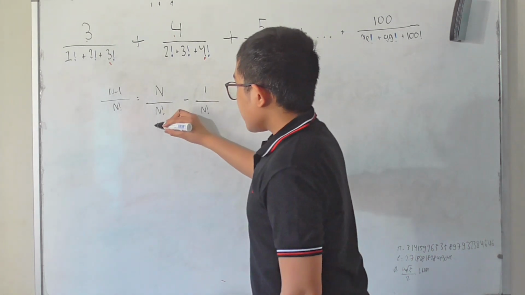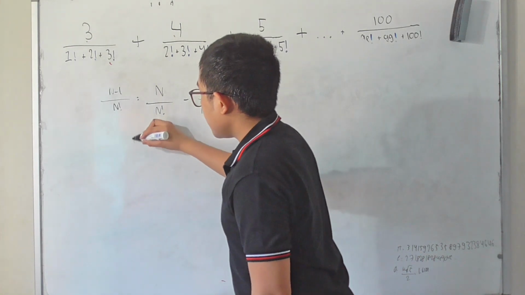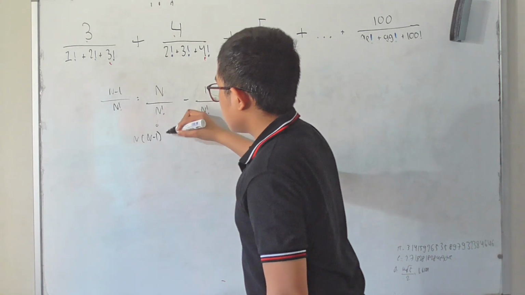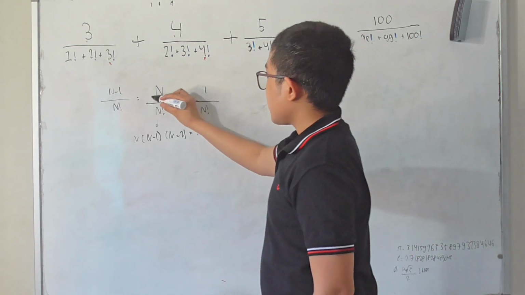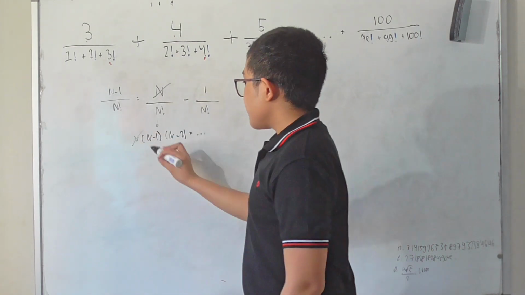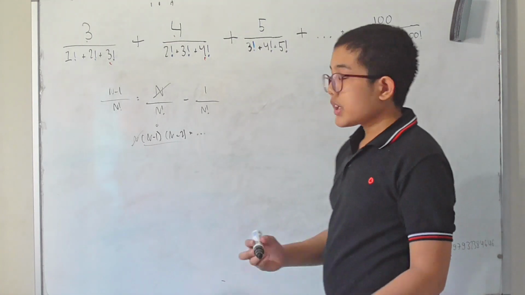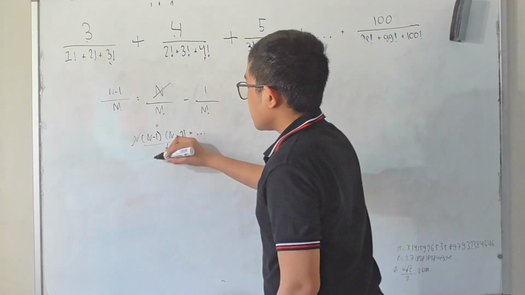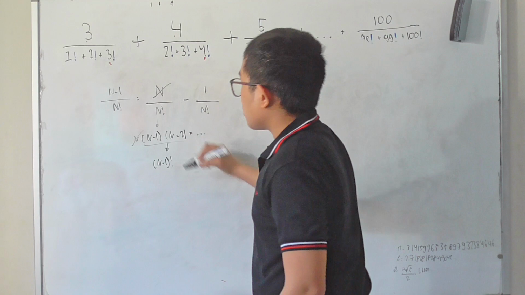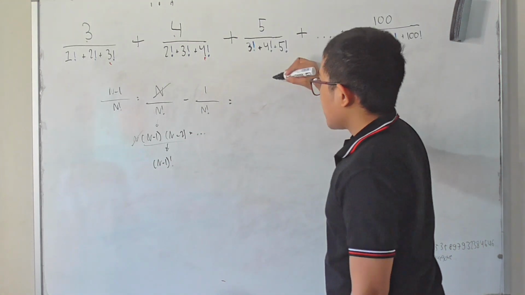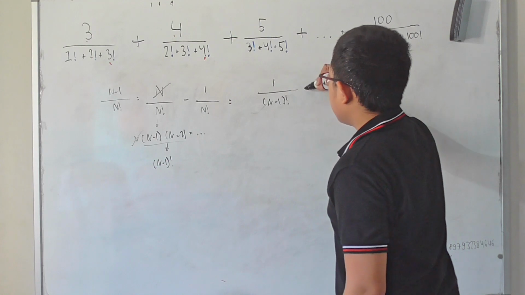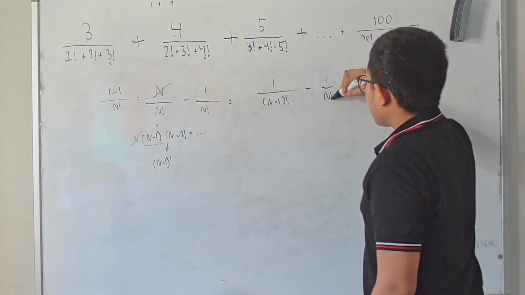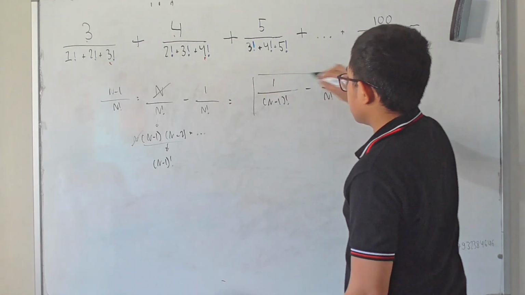And then n factorial is basically just n times n minus 1 times n minus 2 and so on. So then the n cancels out. So this becomes this expression, which, if you recognize, is going to be n minus 1 factorial. So we can rewrite this as 1 over n minus 1 factorial minus 1 over n factorial. And we've got this expression.